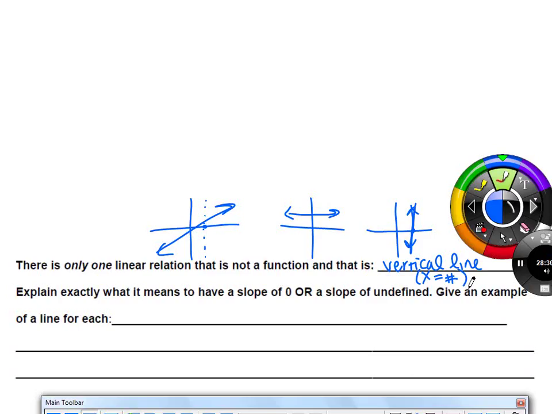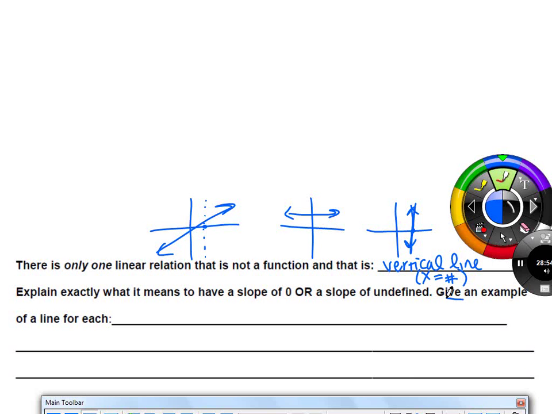It's completely flat. It's like walking across the floor that has no climbing aspect to it, right? So that's having a slope of 0. What does it mean to have a slope that's undefined? Yeah, good. Straight up and down, okay? So steep we can't even measure it, okay? So slope of 0 means we're horizontal. Undefined slope means we're vertical.